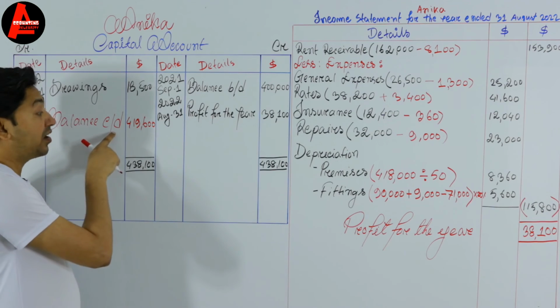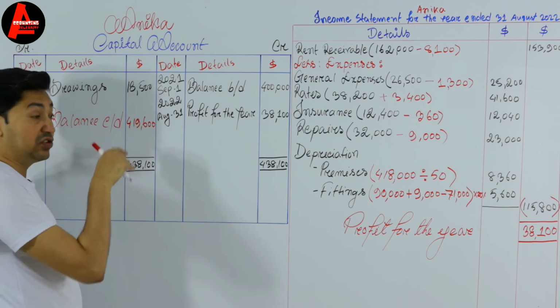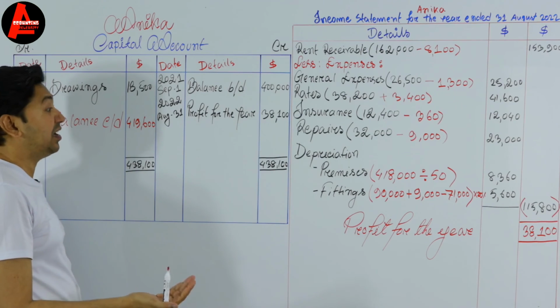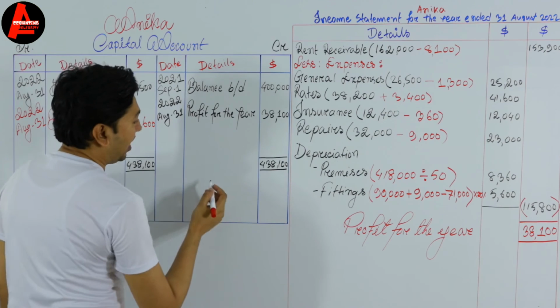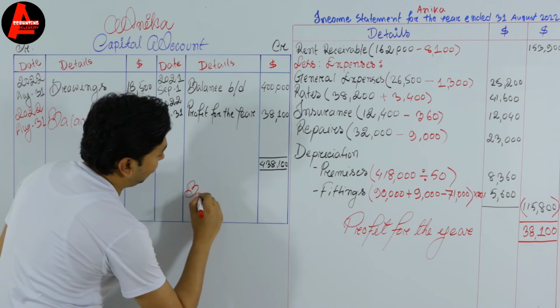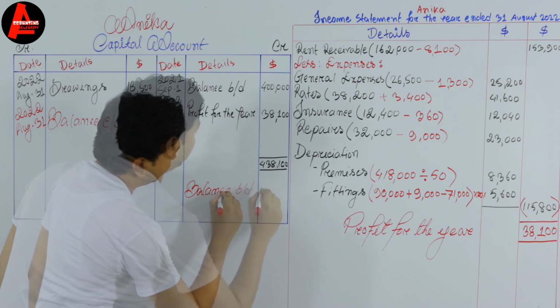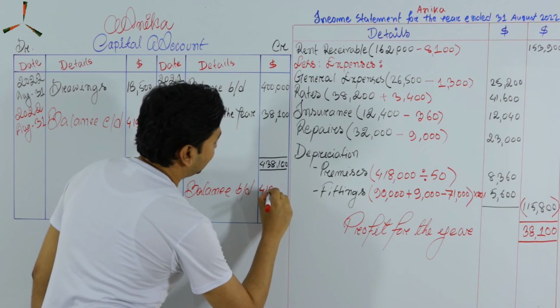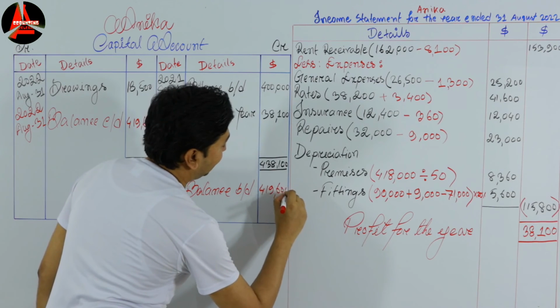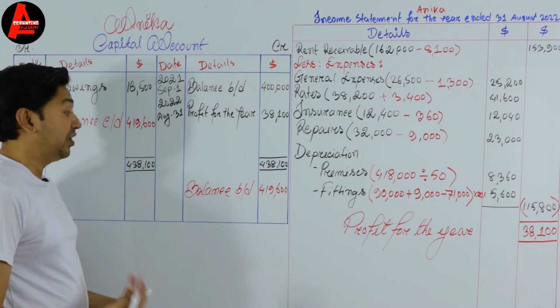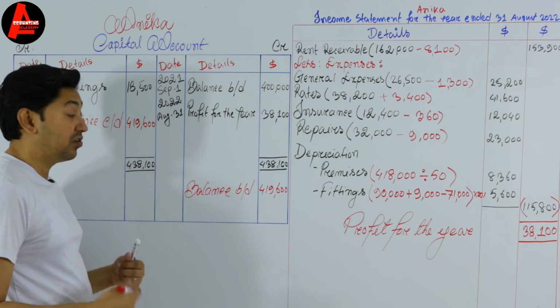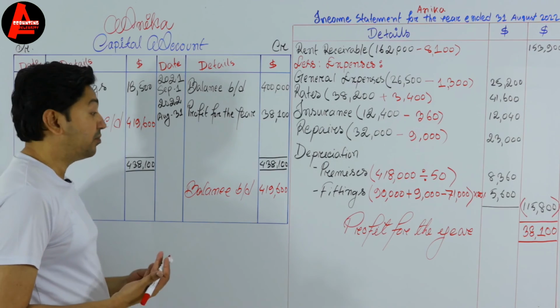When it is balance carried down, you have to write above the total. Many students make mistakes here. So let us write balance b/d, or brought down, $419,600. We need to write the date because I told you dates carry marks.